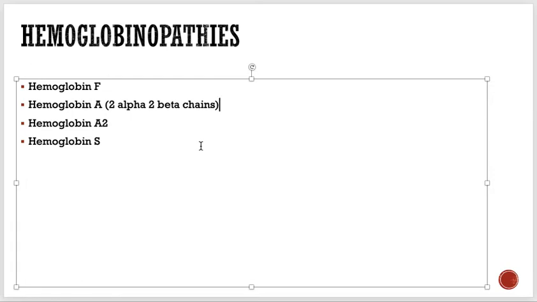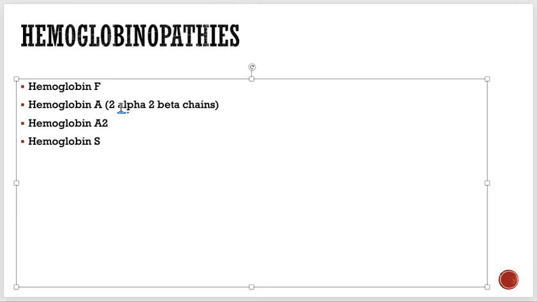But what I want to tell you now is that it depends on how many alleles there are. For example, if we talk about the alpha chain, there are four alleles for the alpha chain.